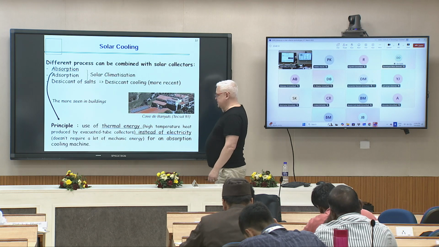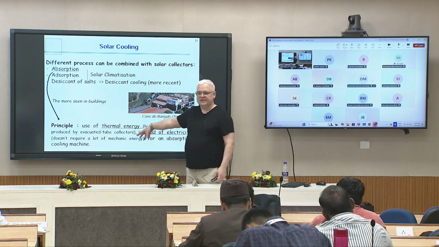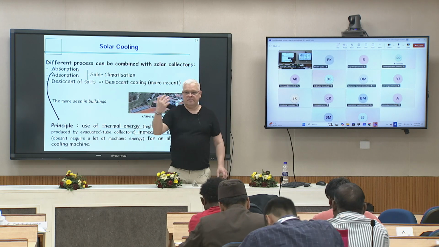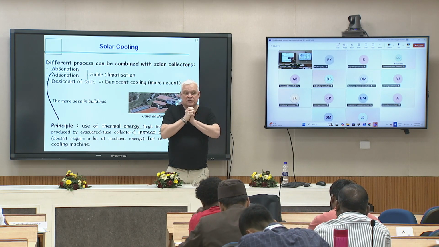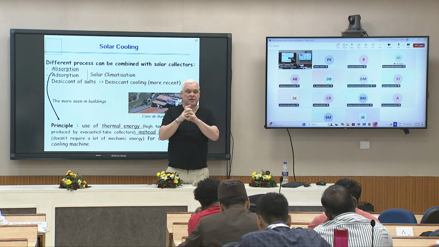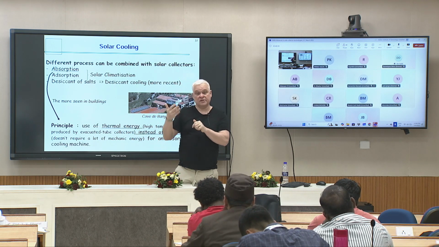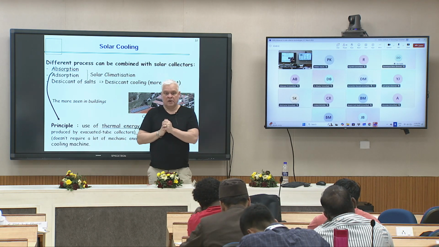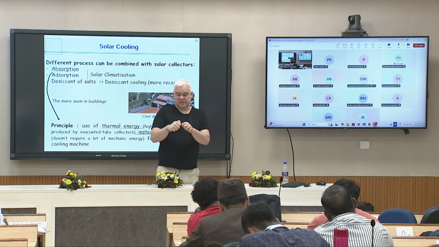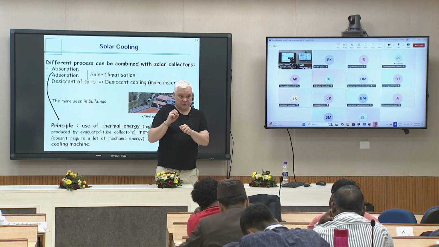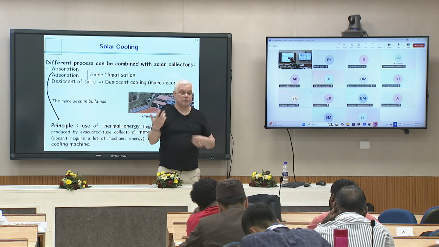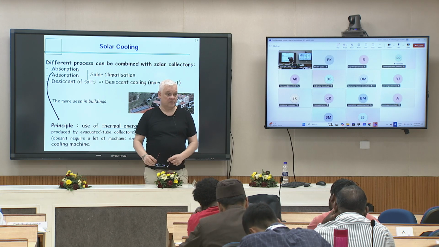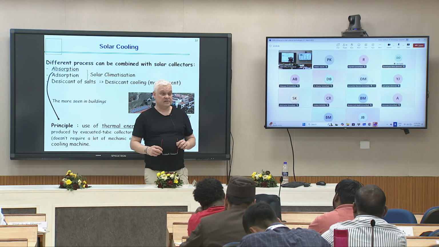It has been developed since a long time. At the beginning, the heat supply was not solar, it was made by combustion. These machines have existed since a long time, and they were using a burner that brings the heat. So you have the absorption fridge, developed since the 80s.